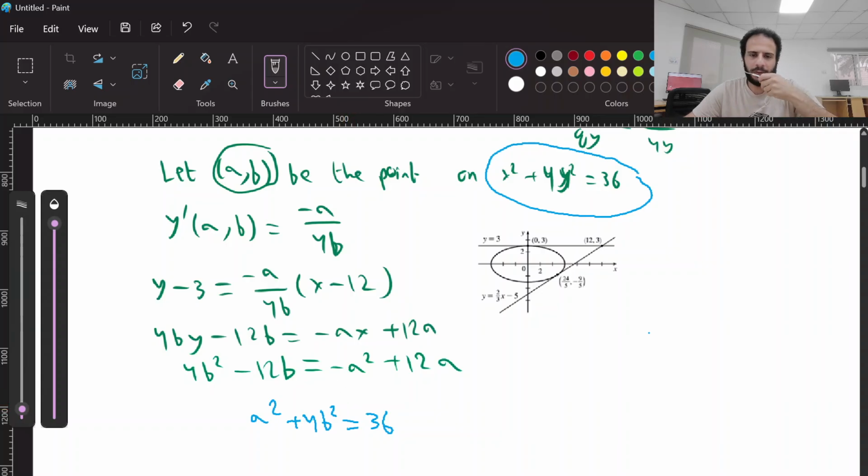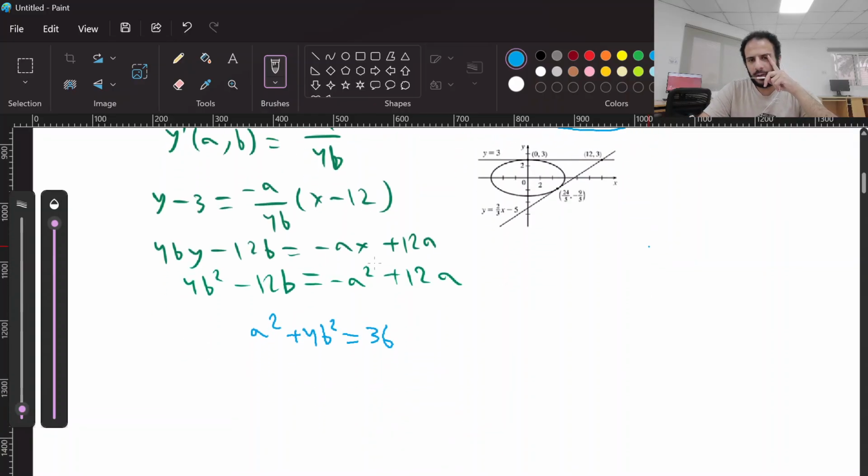Next, we need to solve these equations together, right? But before that, in the green equation, move a squared to the left.